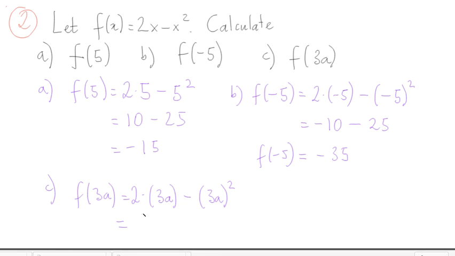And we just have to then simplify. 2 lots of 3a is 6a, minus, the square here applies both to 3 and to a, so we have 3 squared lots of a squared. So this becomes 6a minus 9a squared.